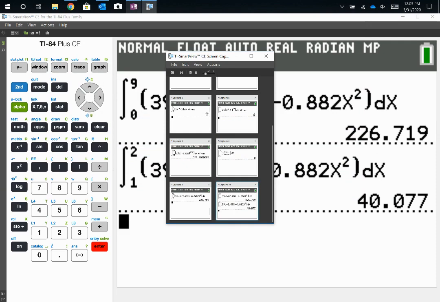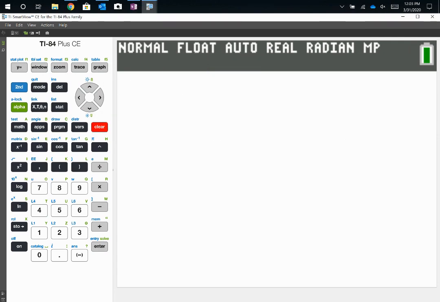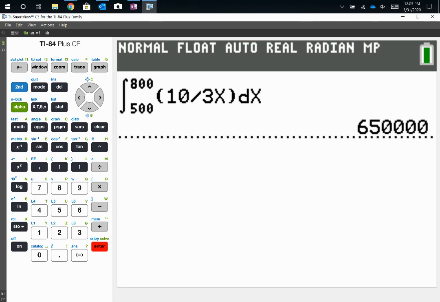So integrating here between 500 and 800, so math 9, 500, 800, 10 divided by 3x. I think I've got something.